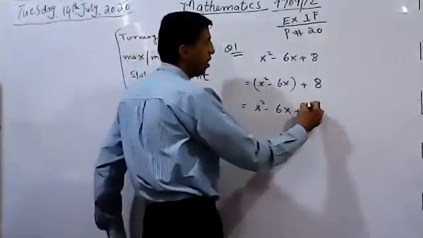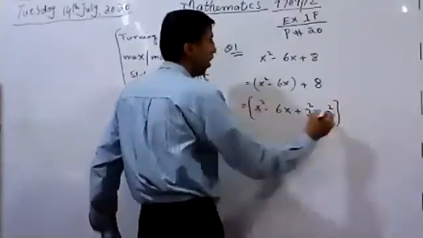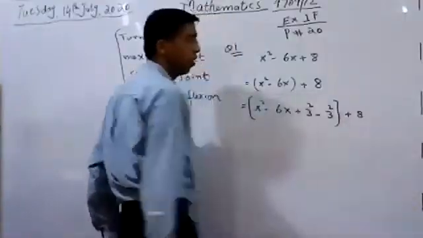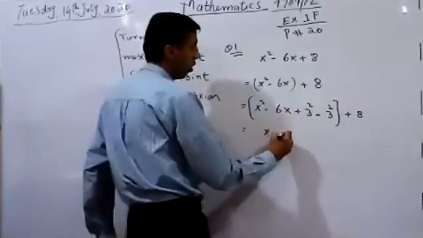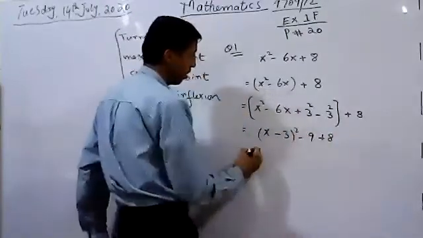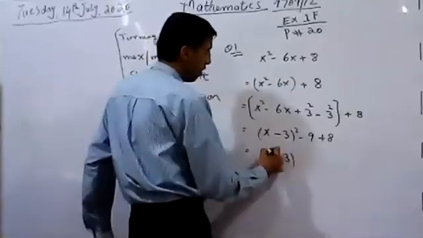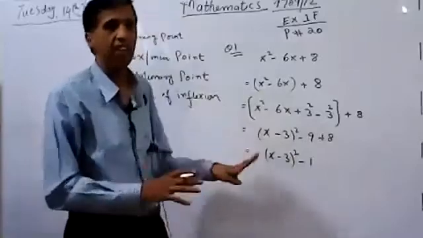So I will add and subtract the square of 3. Now it is the complete square: (x minus 3) squared minus 9 plus 8, which is (x minus 3) squared minus 1. Till now we have done it yesterday.